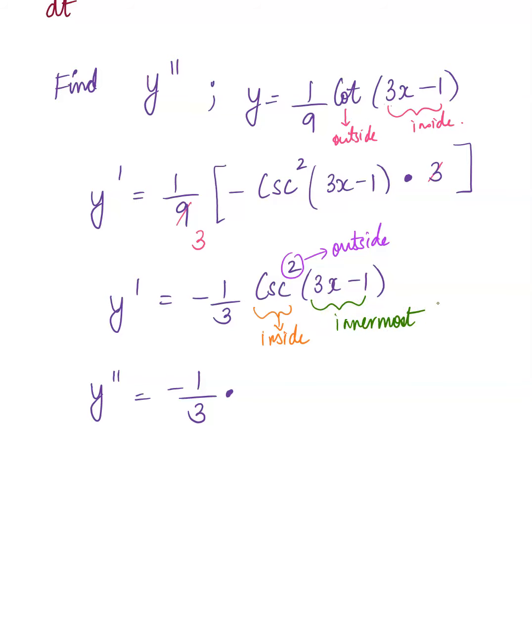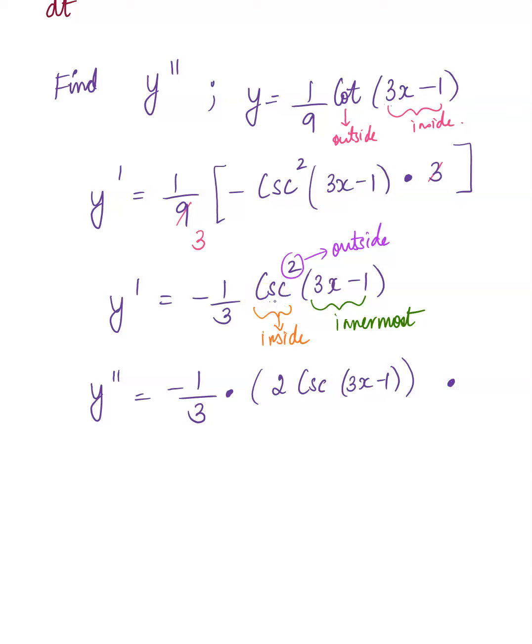Okay. So I need to work on the power first. So it's going to be 2 times cosecant of 3x minus 1. Power 1, so I'm not writing the power. Okay. So that's the derivative of the outside times the derivative of cosecant x.